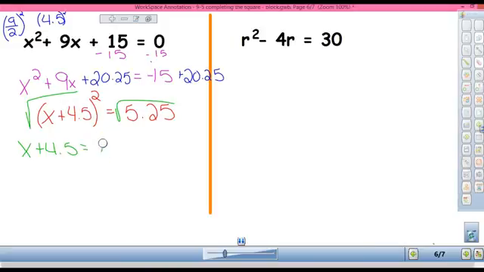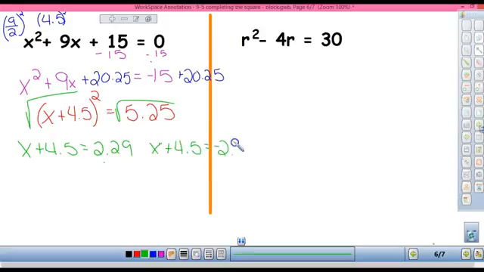You have to take the square root of both sides. 2.29. And what's my other equation? X plus 4.5 equals negative 2.29.